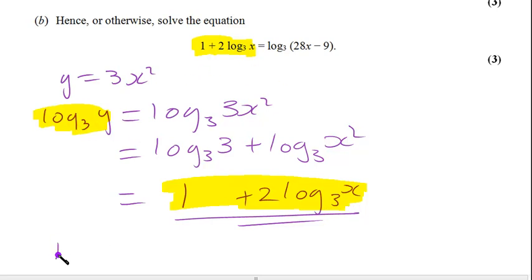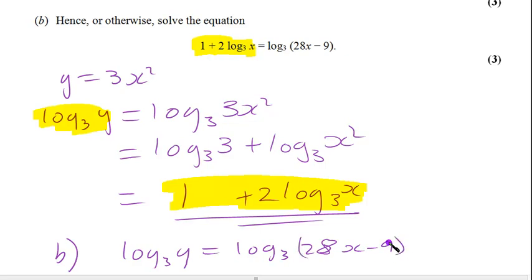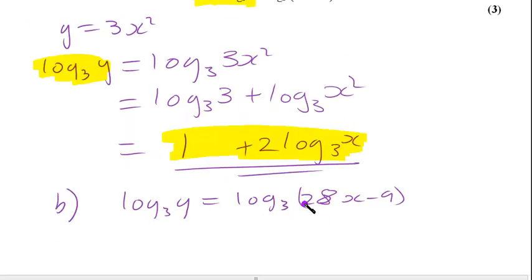For part B, replace that with log 3 of y, and that equals log 3 of 28x minus 9. Now we can raise both sides to the power of 3 to undo the log 3. So that implies that y will equal 28x minus 9.